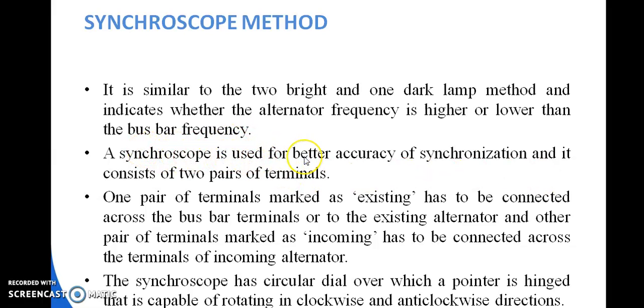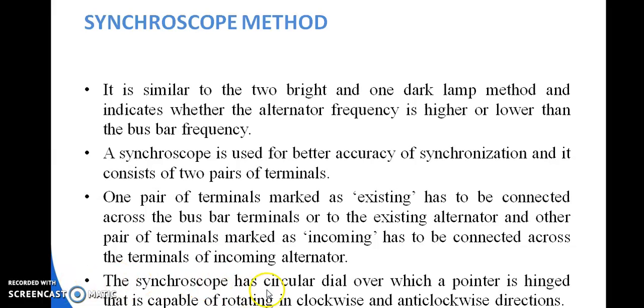A synchroscope is used for better accuracy of synchronization, and it consists of 2 pairs of terminals. One pair of terminals, marked as existing, has to be connected across the bus bar terminals or to the existing alternator, and the other pair of terminals is marked incoming and has to be connected across the terminals of the incoming alternator.